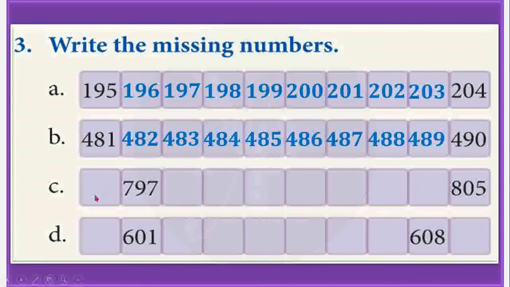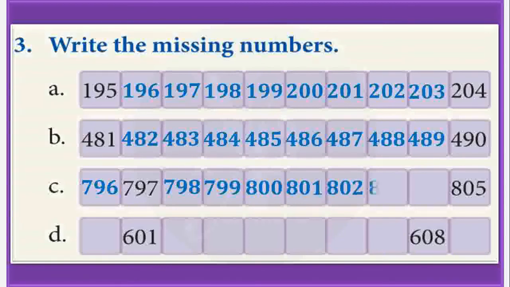Likewise, complete these also by filling the numbers in these boxes. The number before 797 is 796, and thereafter you should write the number that comes next, 798, 799, 800, 801, 802, 803, 804, and 805.